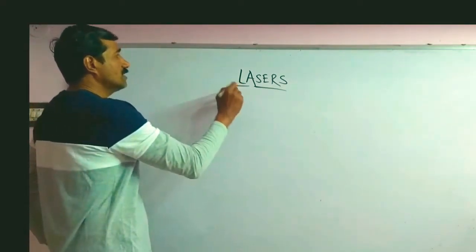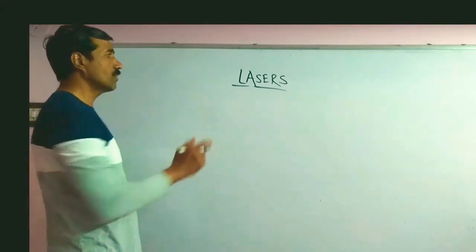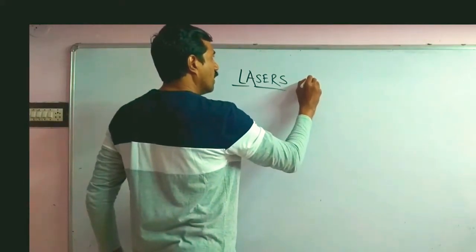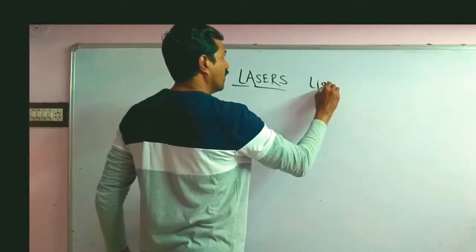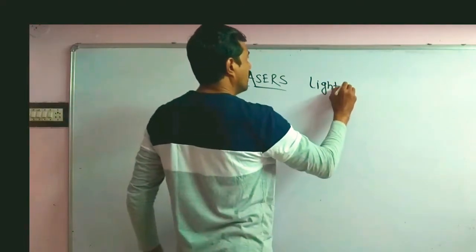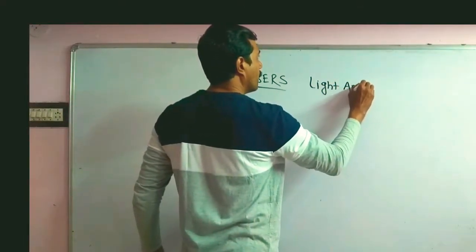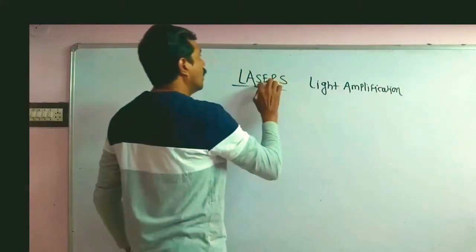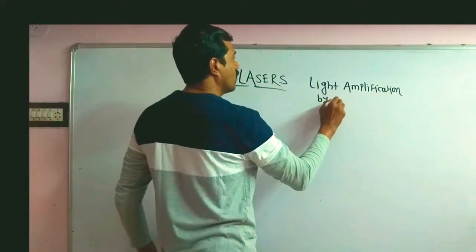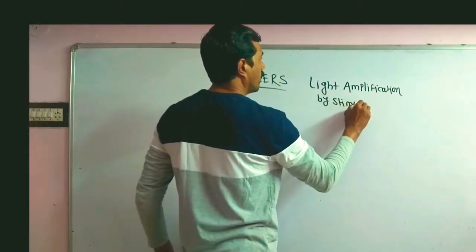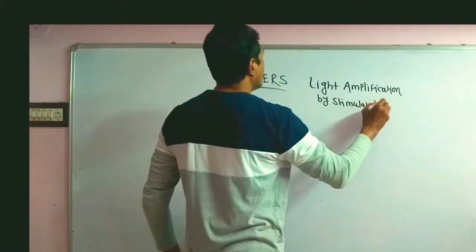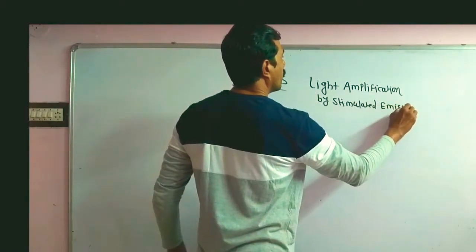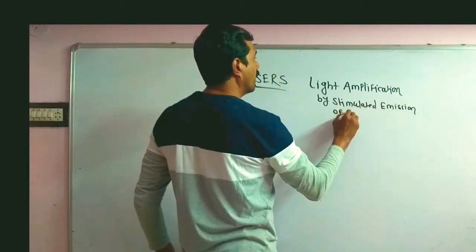Okay, so what does laser stand for? What is the abbreviation of laser? Laser stands for L for light, A for amplification, S for stimulated, E for emission, and R for radiation.